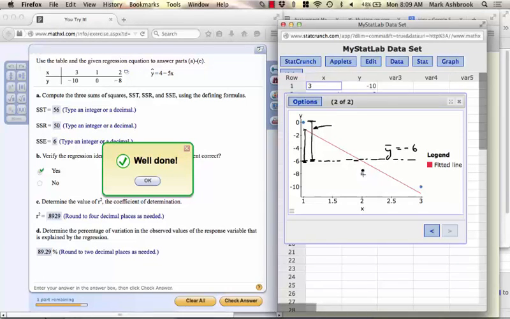Okay, for this point, from the data point to the mean is the SST. And for this one, there's no contribution to SSR. But for this one, all of that is the contribution to SSR.